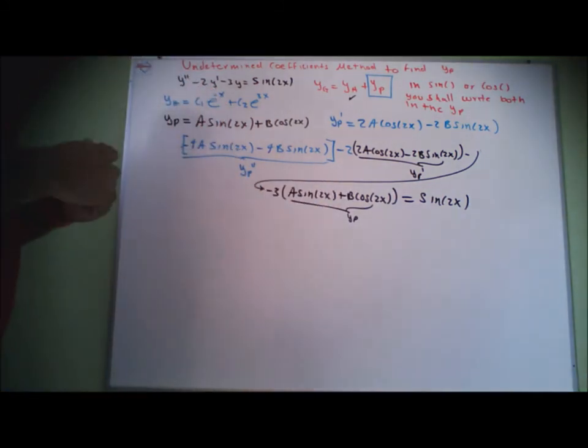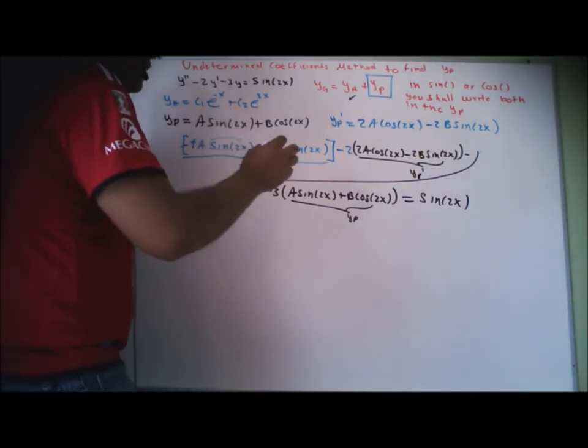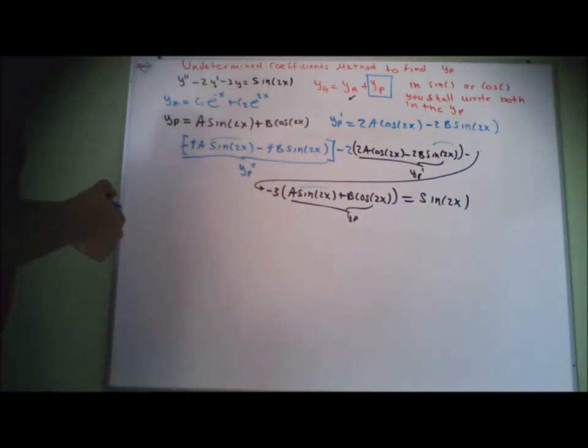Now, let's factorize the common factors. I see here the sine of 2x, so let's factorize those.